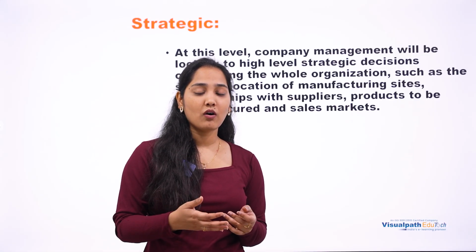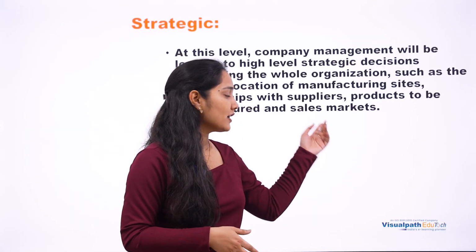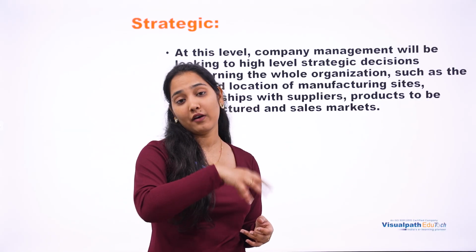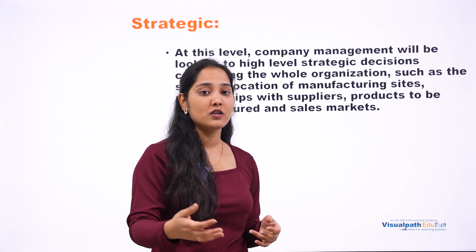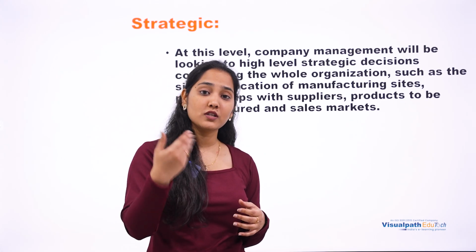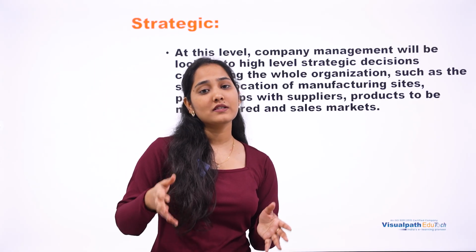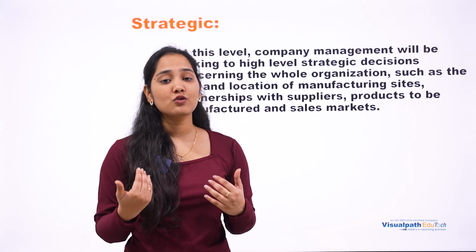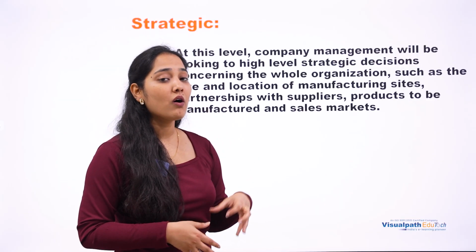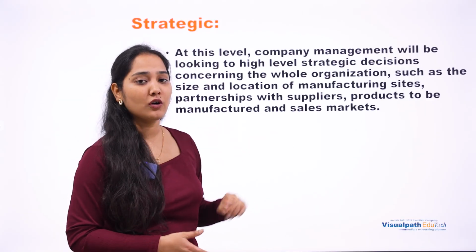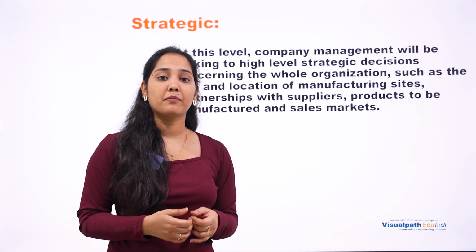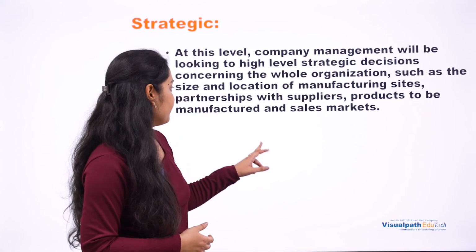So I make sure I have good sales markets, and I try to bring awareness of my product to the customers in such a way that it is useful to them and also promoted in the right way. And when the demand is there, I should also be able to produce those products. All these come under strategic planning of a company when they are producing and selling a product.